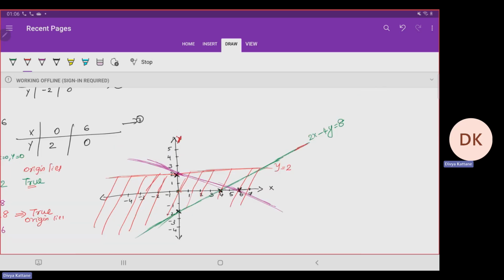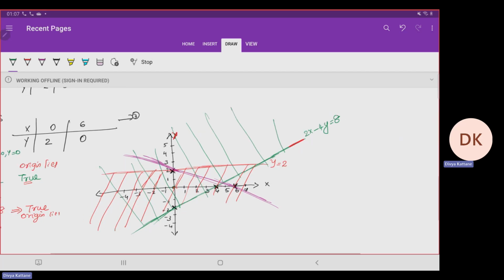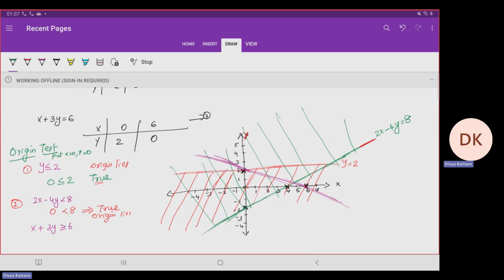This is the line 2x minus 4y equal to 8, and the origin lies up from this line. So I can take all the up points. So that also is finished.